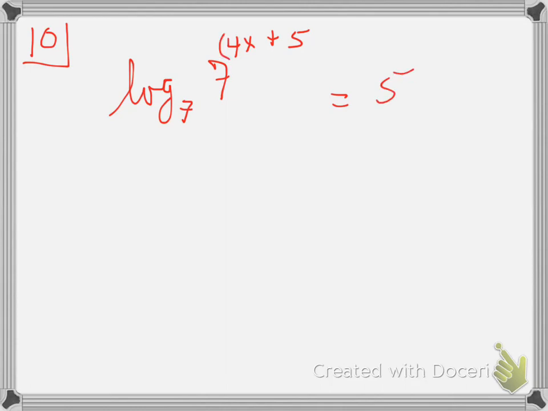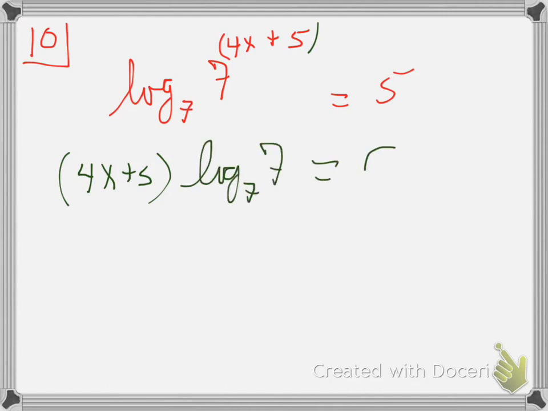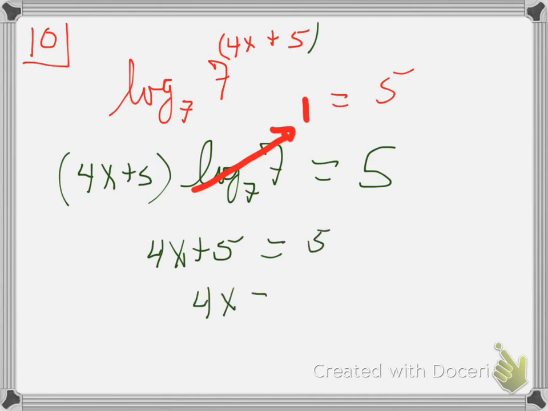Now, again, we can take that exponent out in front as a coefficient, and we'd get 4x plus 5 times the log base 7 of 7, that equals 5. But remember now that the log base 7 of 7 is 1. So 4x plus 5 equals 5. 4x equals 0, so surprise, surprise, x equals 0.